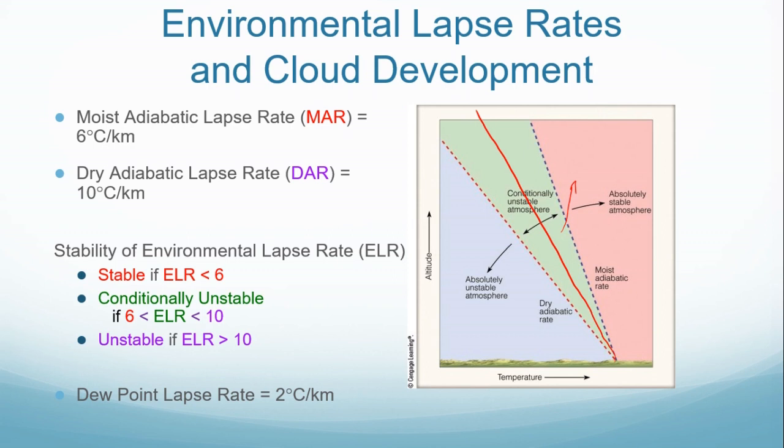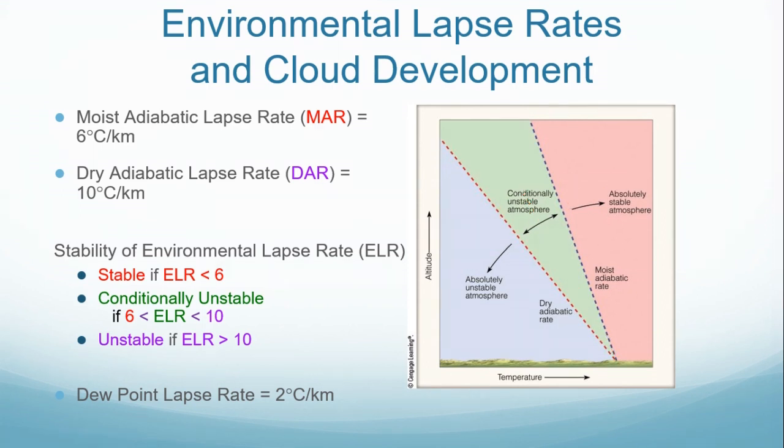But if it's dry or unsaturated, then it's going to cool more quickly than the environment around it, and so it will be colder, and thus it will sink. Therefore, it is unstable if you're dealing with a moist parcel, stable if you're dealing with a dry parcel.